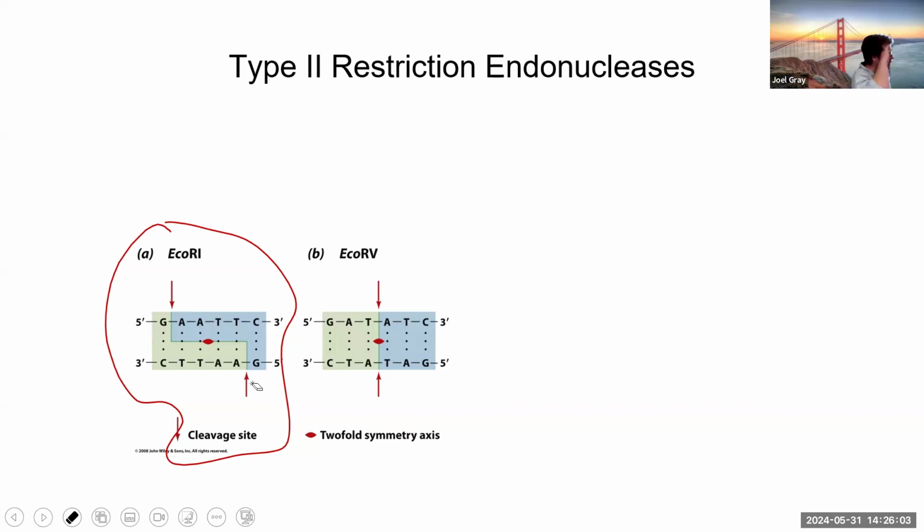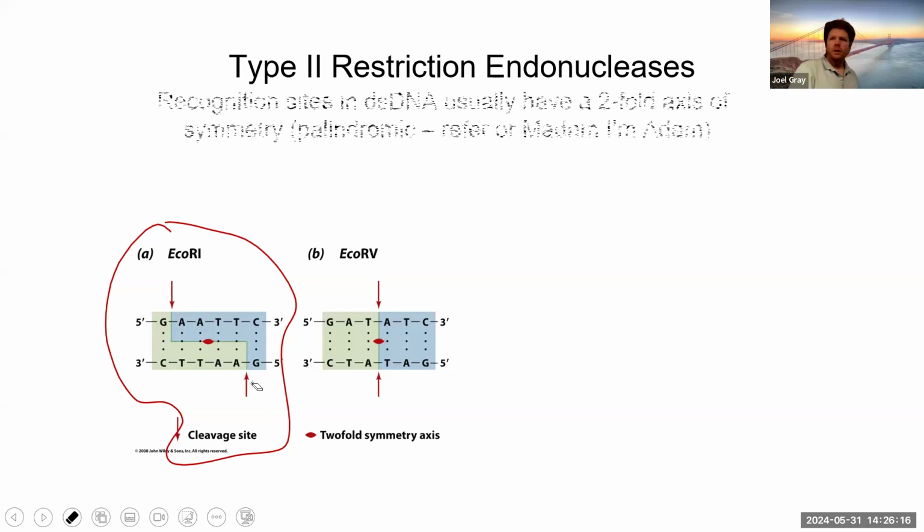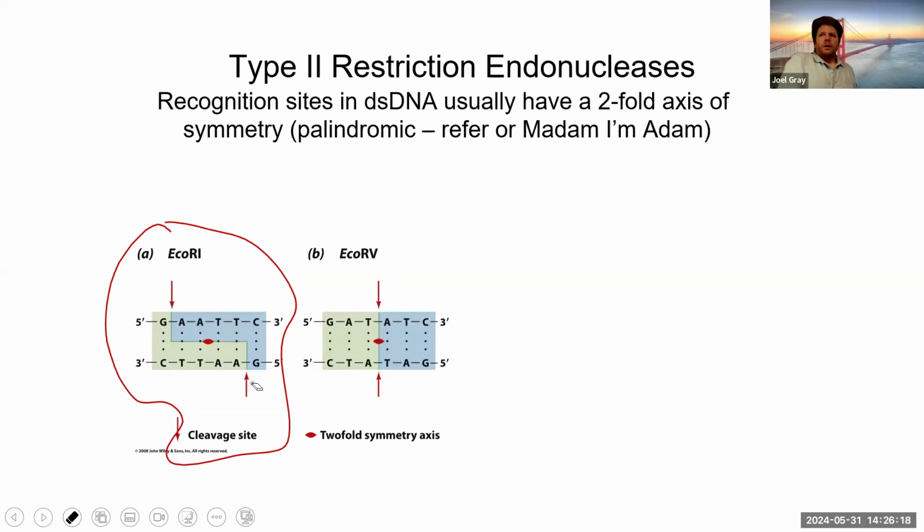As is indicated on the left-hand side here, we have 2 phosphodiester bonds that are broken, but then we get hydrogen bonds that are broken kind of indirectly. Does everyone follow that?